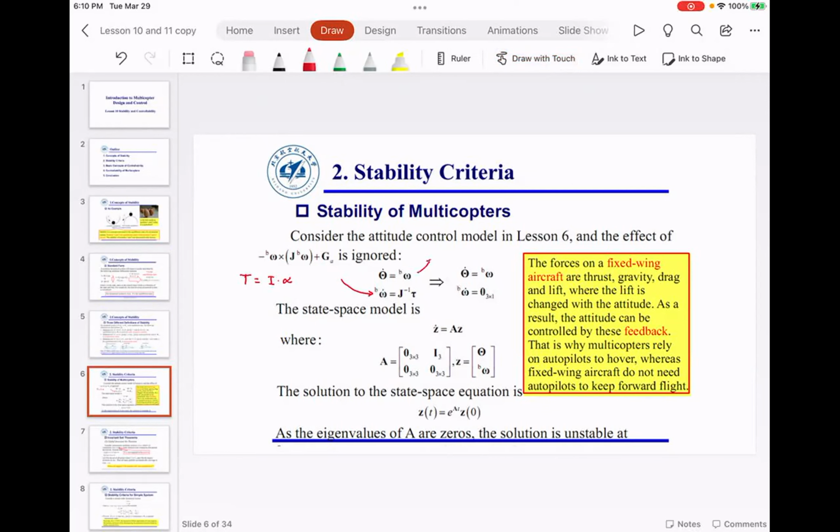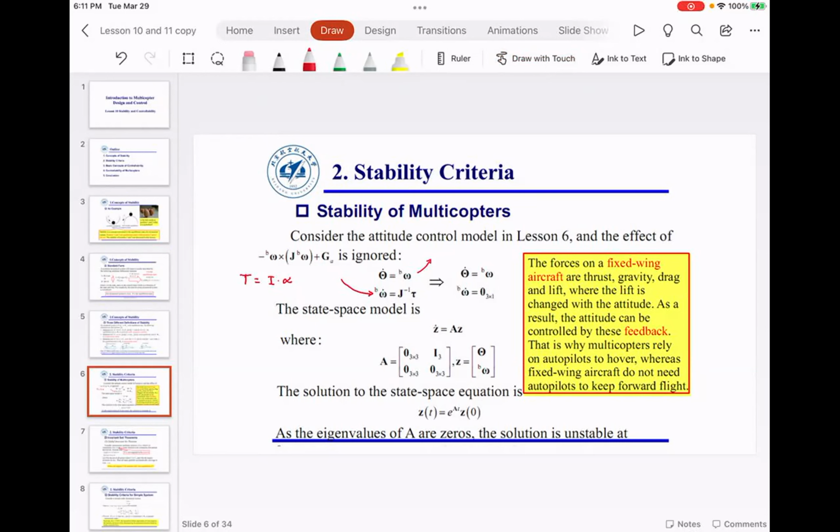And the first equation is simply stating when the northeast down coordinate system of Mambo is aligned with the inertial coordinate frame, the body rates, so roll rate, pitch rate, yaw rate, are equal to inertial rates. What that means is the transformation matrix that takes from body to inertial coordinate frame is identity.